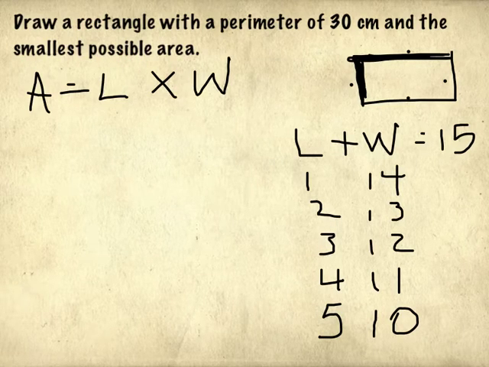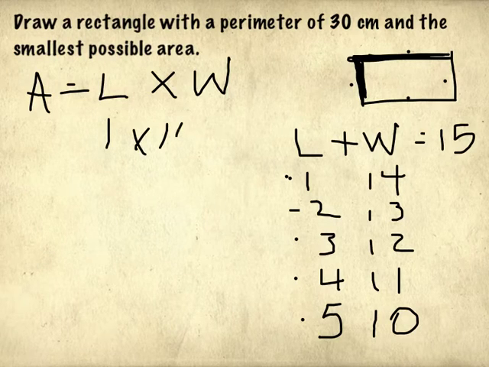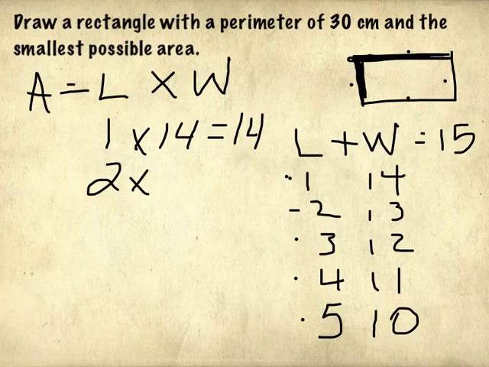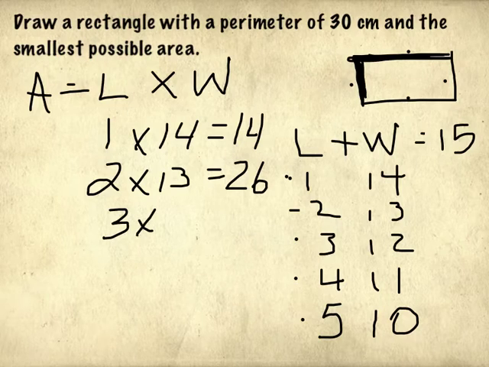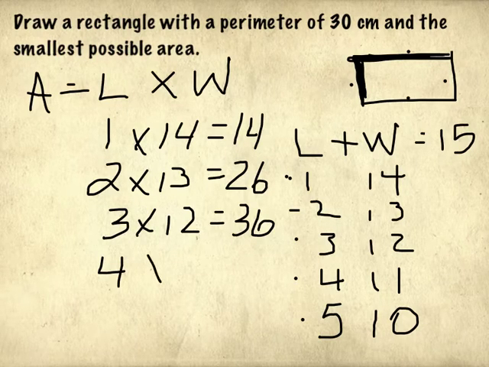I need to find out which of these combinations will give me the smallest area. So area is length times width, so 1 times 14 is 14. 2 times 13 is 26. 3 times 12 is 36. 4 times 11 is 44.